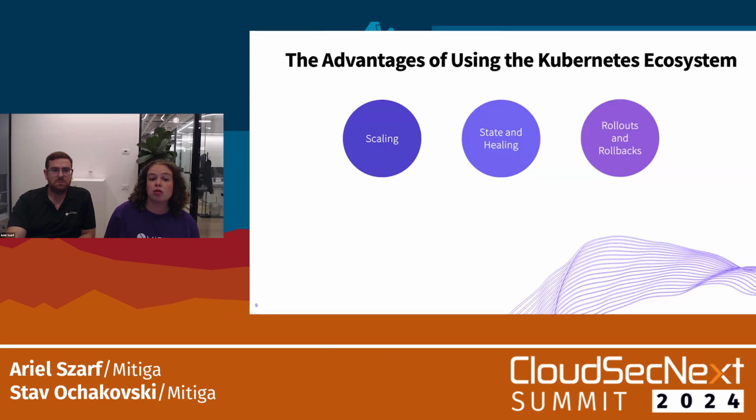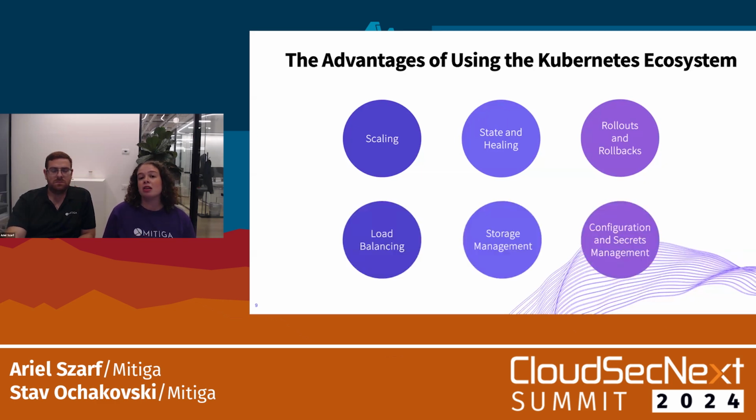It also includes native rollouts to ensure zero downtime during updates. Additionally, Kubernetes integrates with AWS to offer external features, such as load balancing via ALBs, storage management using EBS volumes, and other configuration tools.